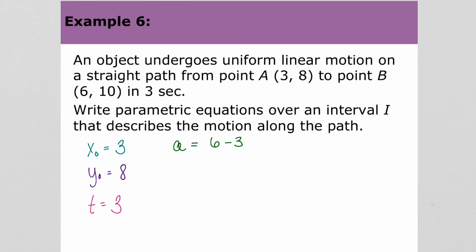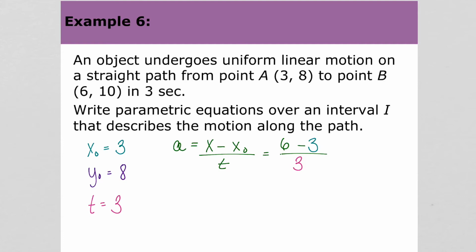So let's color code that a little bit more. So the second x value, we could just call that x minus x naught over t. So it'd be 6 minus 3 over the t equals 3, not the point, the x value of the point, okay?